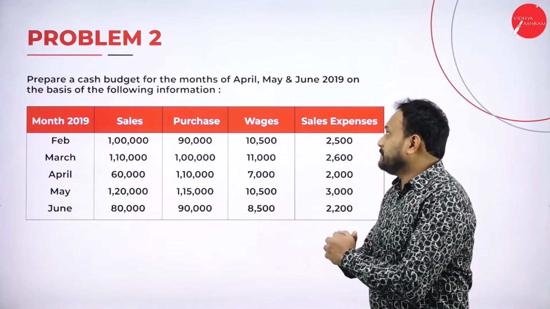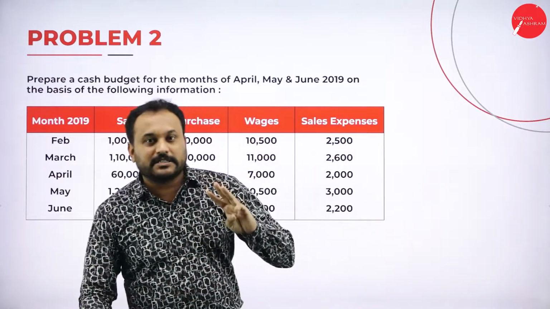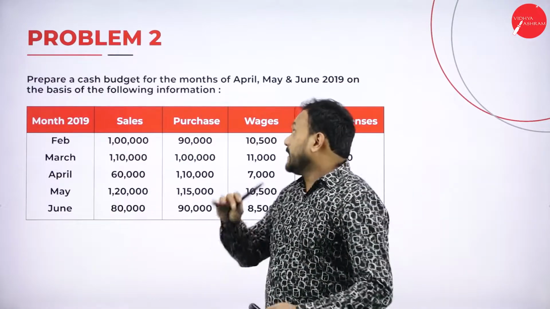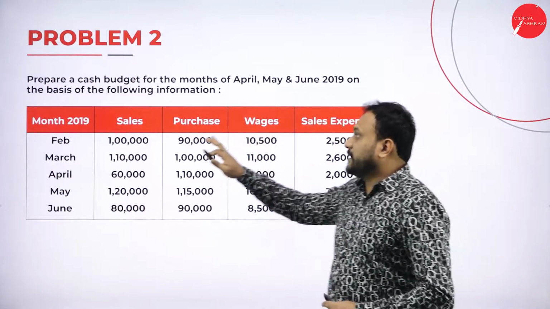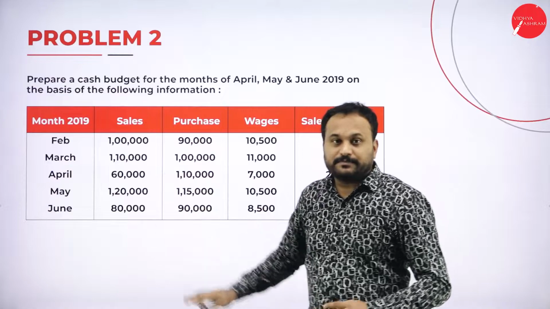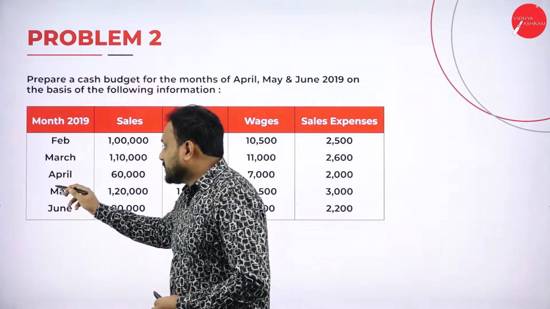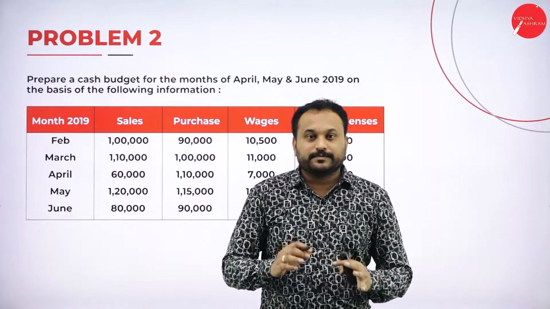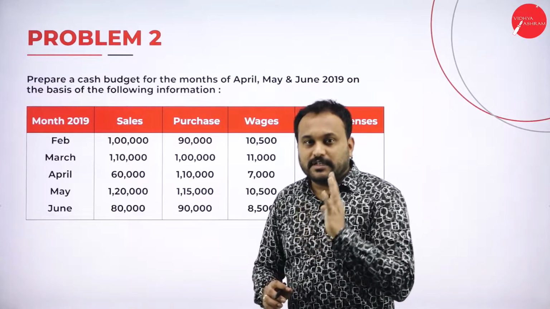Prepare a cash budget for the month of April, May, June 2019. That means there are 3 months, April, May and June, that is 2019, on the basis of the following information. But in the question, they have given us Feb, March, April, May and June. So which is relevant, which is not relevant, we are supposed to judge.